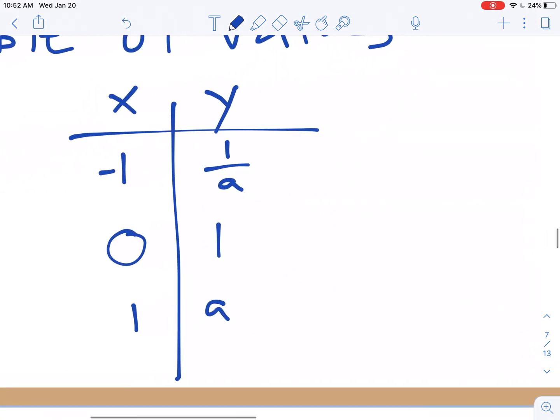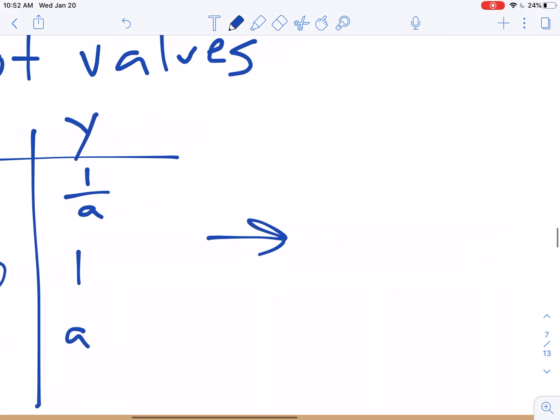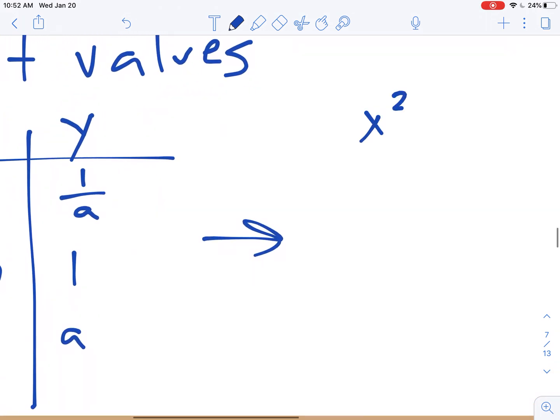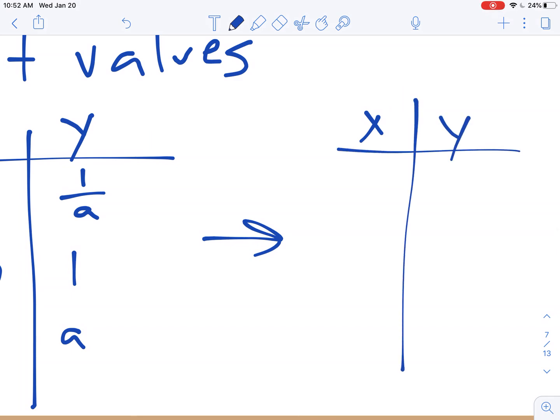You can go on and you can make it more specific. Like I could turn this into a little bit longer table. Like I could say that if you have -2, this should be 1 over a squared. -1, 1 over a. 0, 1. 1, a. 2, a squared.